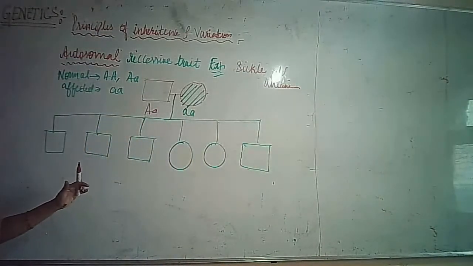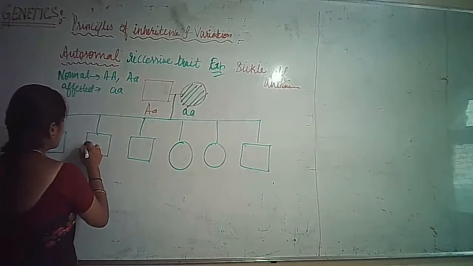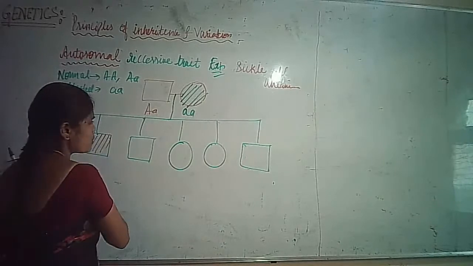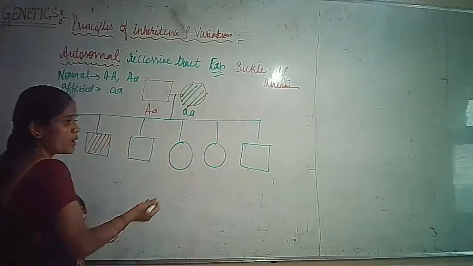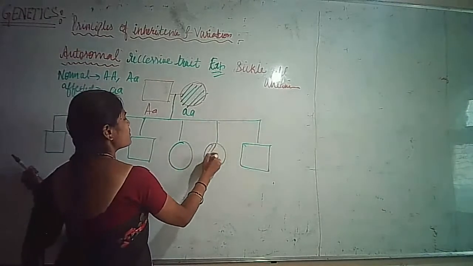So now I will show the affected one. Just you try. Are you able to know how it will be? This shows the affected one. Okay. So if I draw the lines inside, you can say that it is an affected one.